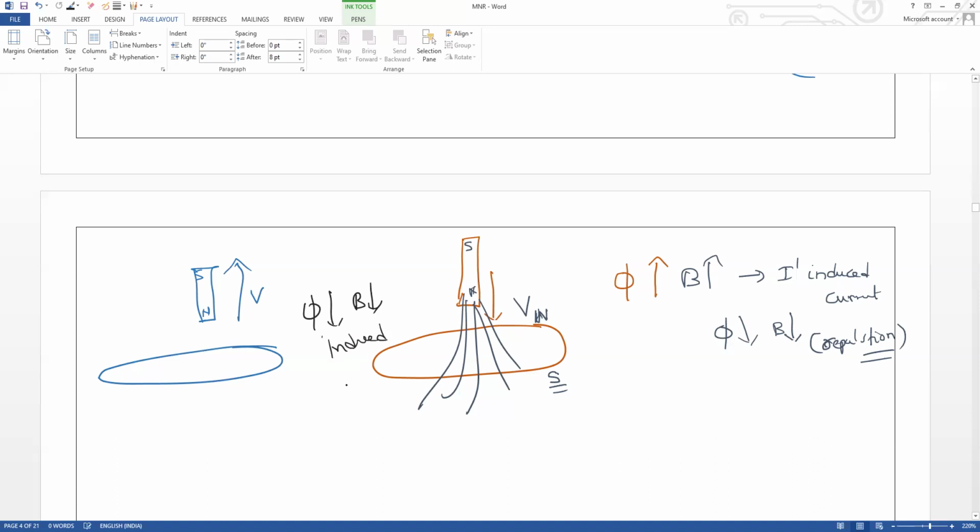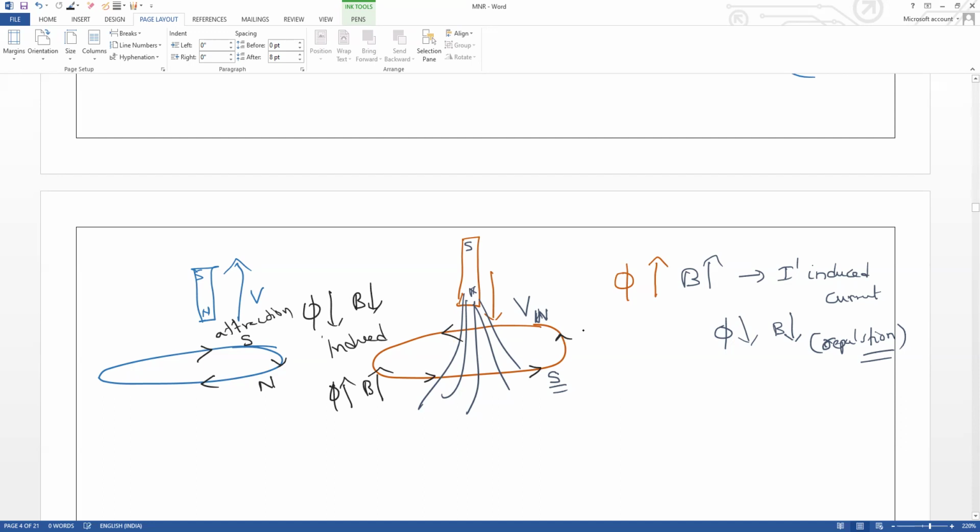Current induced means again flux increases, B increases. B increases means what? Attraction or repulsion? Attraction. Attraction means here what pole? South pole, and the opposite one will be what? North. But here you see north, so it is anti-clockwise. Now all of you clear?